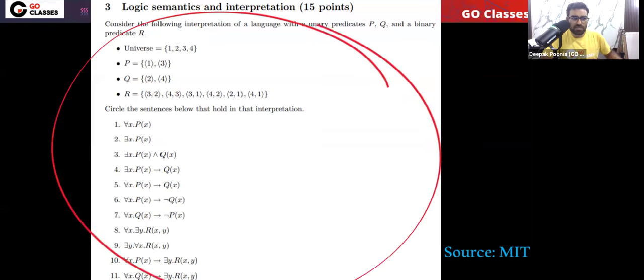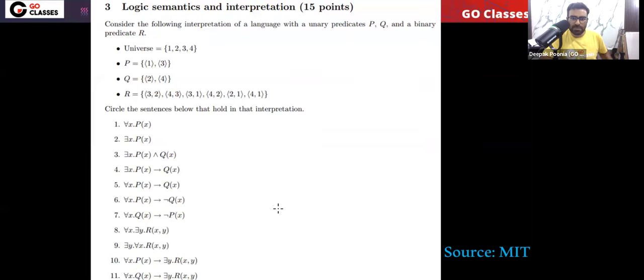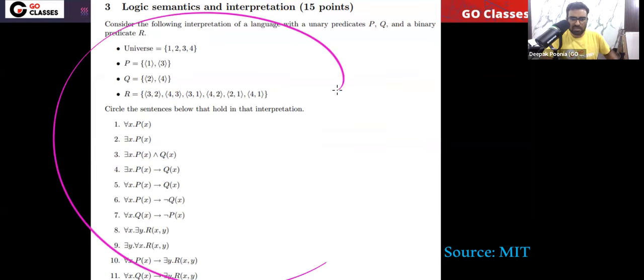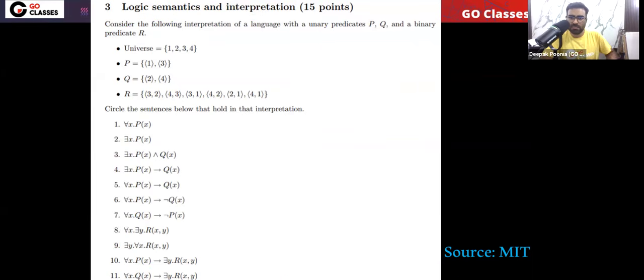Let's solve this question from first order logic, or I can say predicate logic. The question is taken from MIT. This is a beautiful question. Let's solve it now. The question says, consider the following interpretation of a language with unary predicates p, q, and binary predicate r.